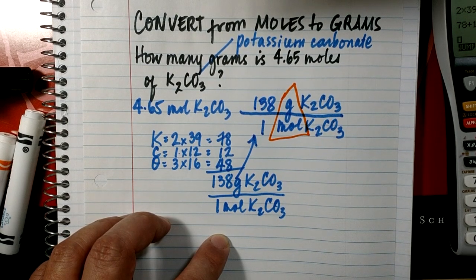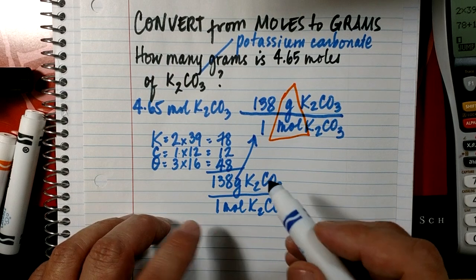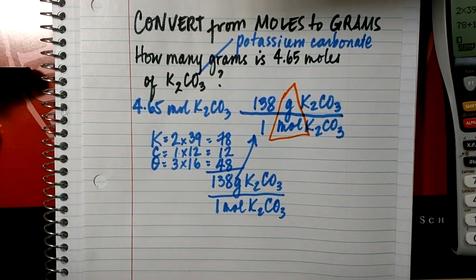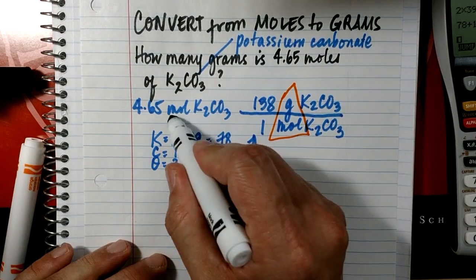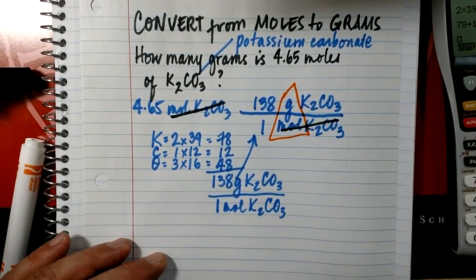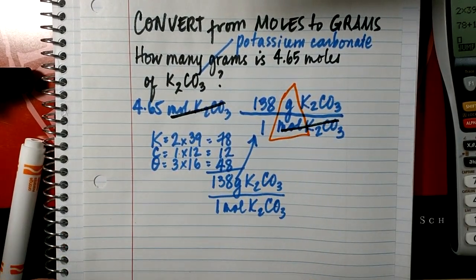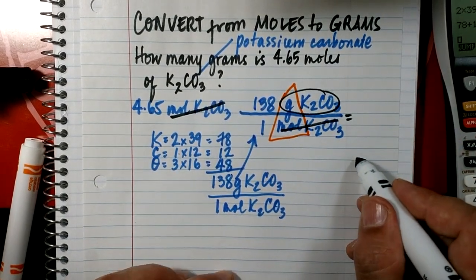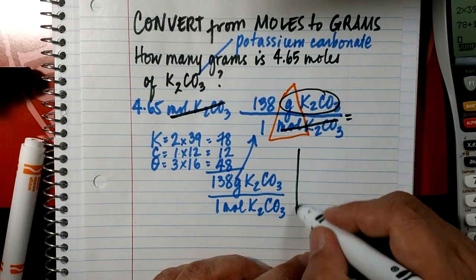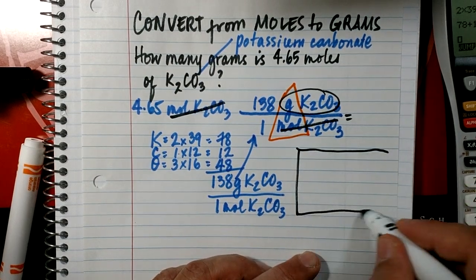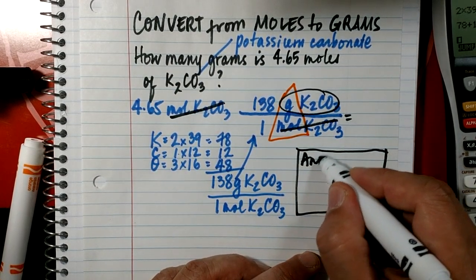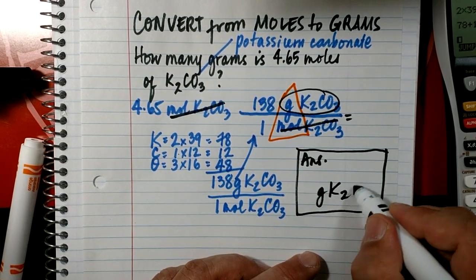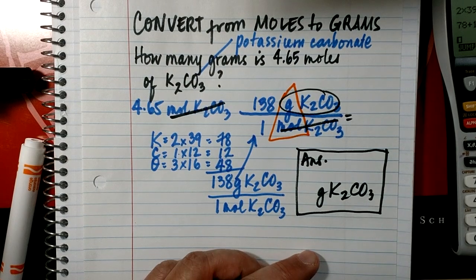So if we do that, we see that now we can cancel out moles, because that was, remember, the primary reason why we had moles on the bottom of this conversion, so that we can cancel moles out, and we're left with grams. And as I mentioned earlier, I like writing the units already. If my answer will be written over here, I like writing the units already. Grams of K2CO3, grams of potassium carbonate.